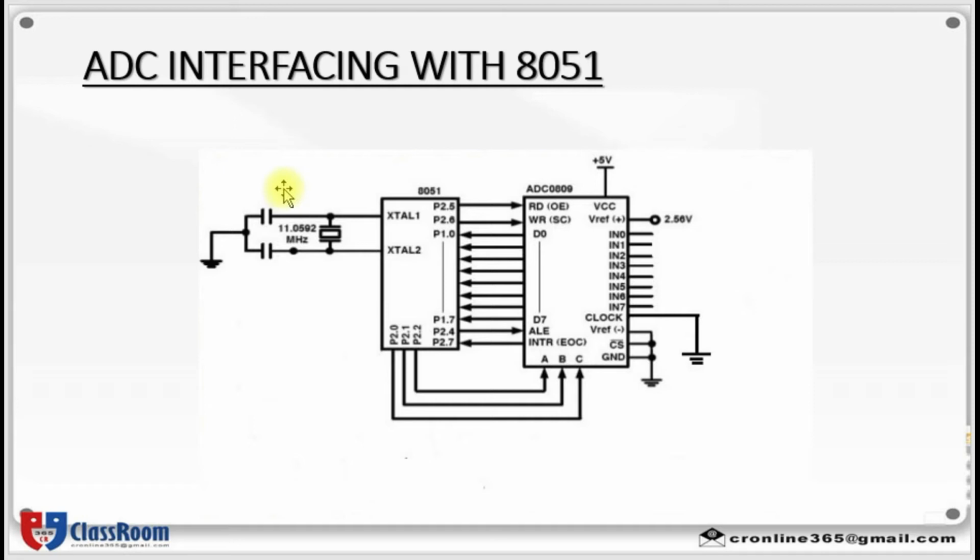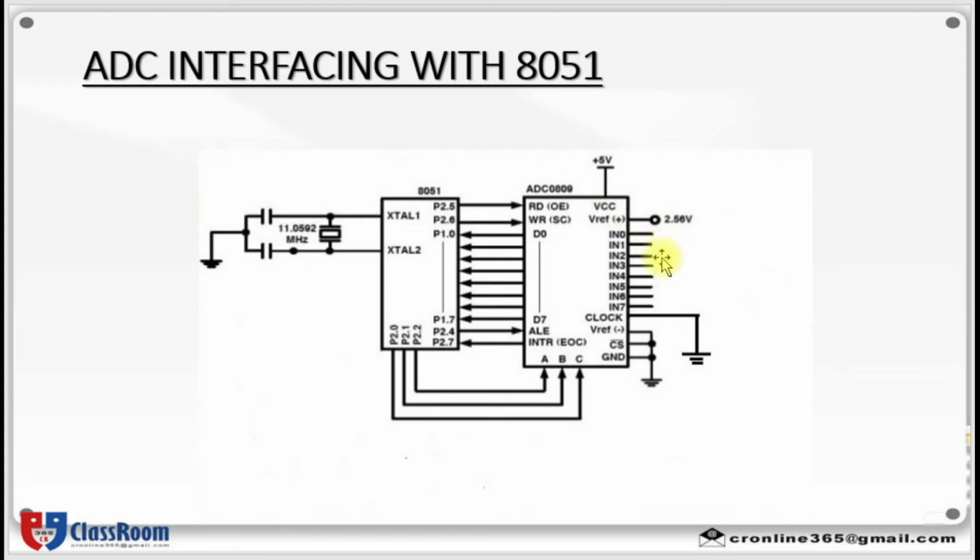Let's see ADC interfacing with 8051 now. As you all know, this is the block diagram of 8051 and this represents ADC 0808 or 0809. Here you can see plus 5 volt as the V reference plus. Now we can see V reference plus is given as 2.56 volt.